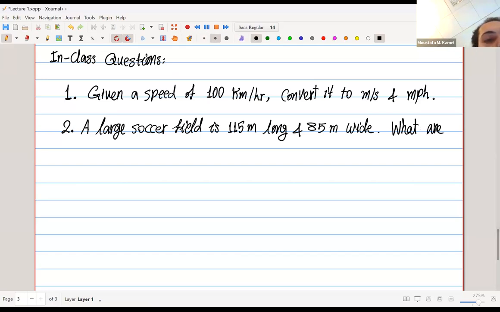What are its dimensions in feet and inches?